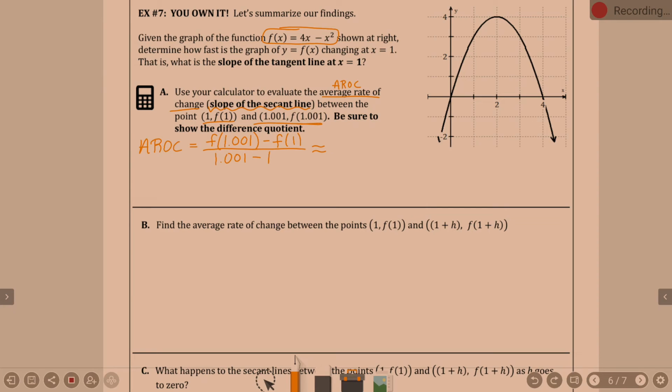The shortcut is alpha, F4. Pick the one you have. Mine is in Y5. Parentheses, 1.001 in parentheses, so that's plugging 1.001 into whatever I have in Y5. Minus alpha F4 gives me my Y menu. You guys are probably using Y1. This time parentheses and a 1, over 1.001 minus 1.